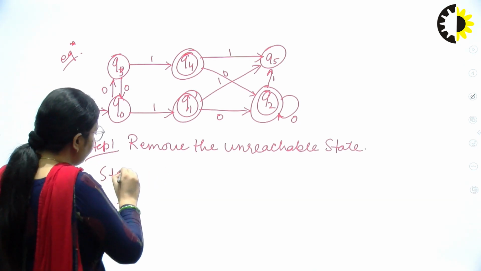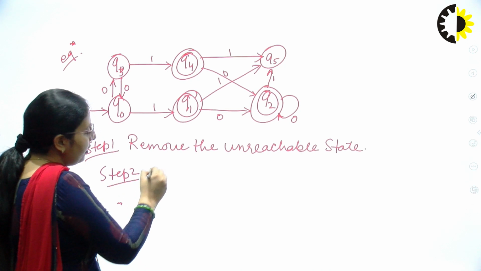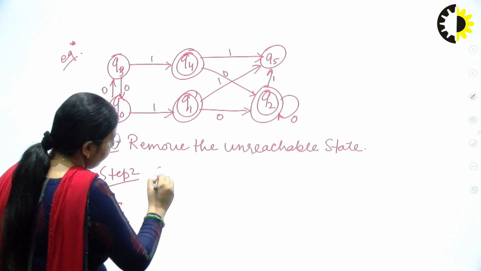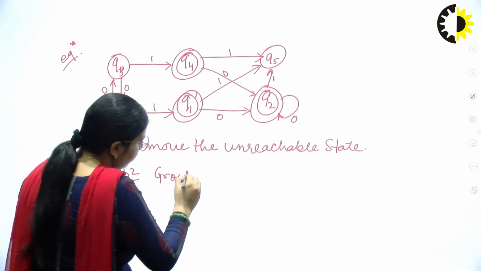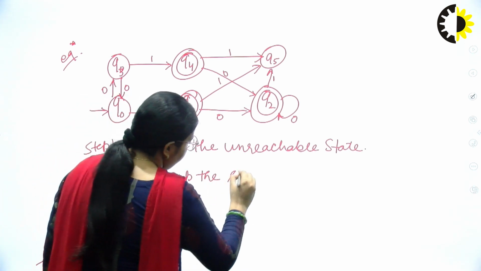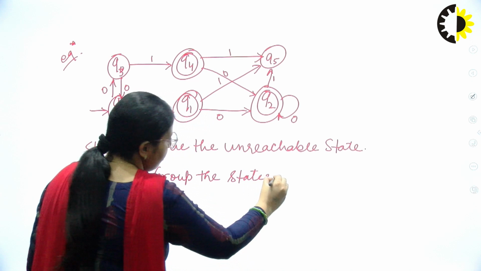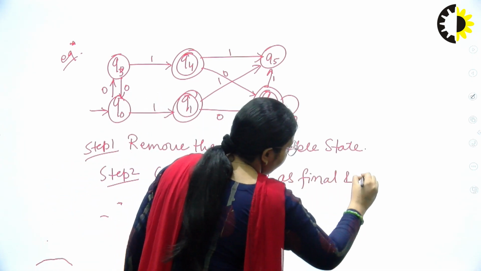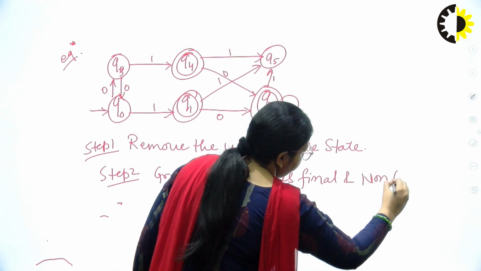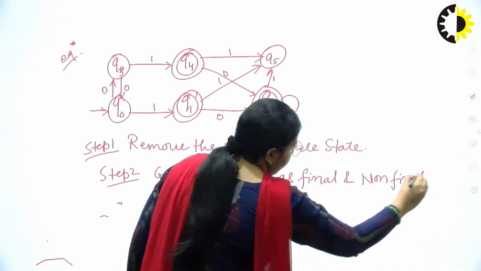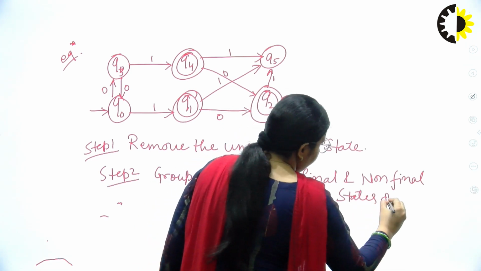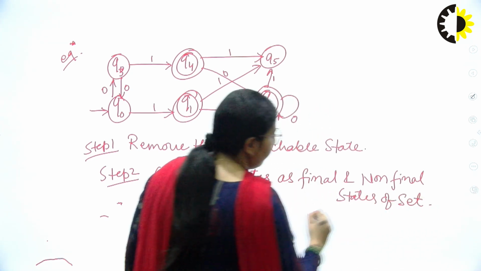Step 2 is to group the states as a final and non-final set.